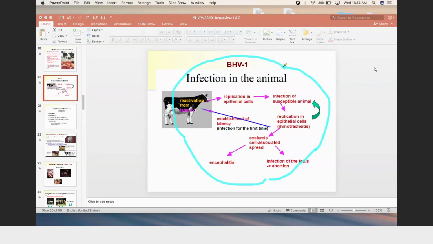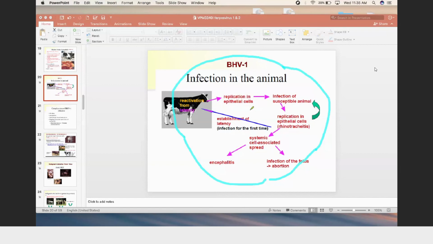In bovine, they have bovine herpes virus 1. In porcine, they have porcine herpes virus 1. In cats, they also have feline herpes virus 1. All of them give similar signs. Feline herpes virus cannot go to any other species, just in feline.